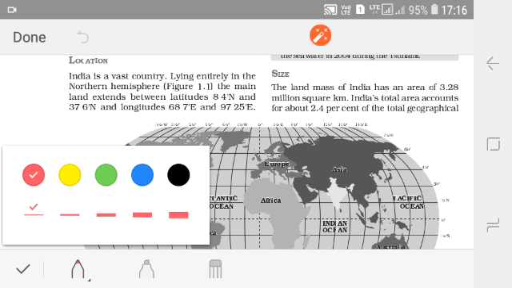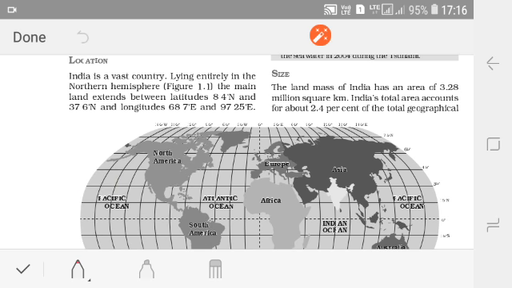It is given here, India is lying between 8 degree 4 minute north and 37 degree 6 minute north, and the longitude is between 68 degree 7 minute east and 97 degree 25 minute east. So it is between these latitudes.